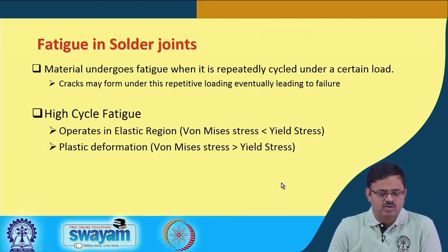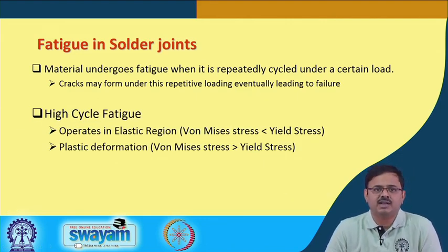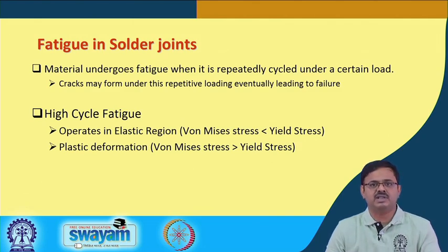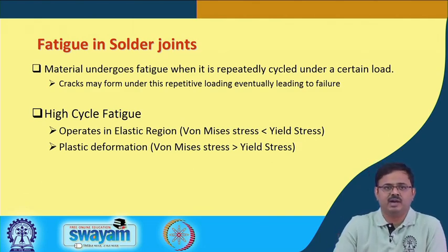Okay. So, fatigue in solder joints, if you look at it, again the same thing, you can look at it as high cycle fatigue, which operates in the elastic region. Sorry, there is a slight mistake on this slide, I am sorry for that. It can undergo something which is known as high cycle fatigue.